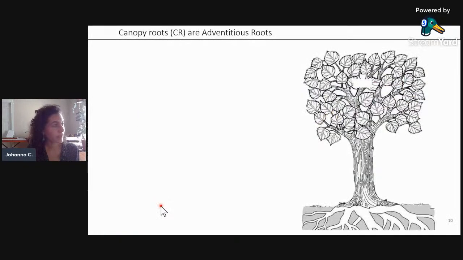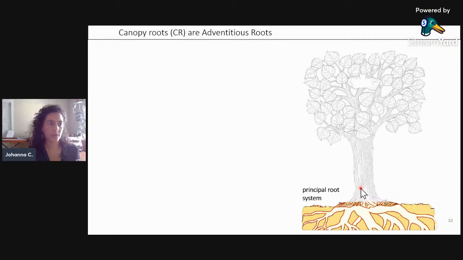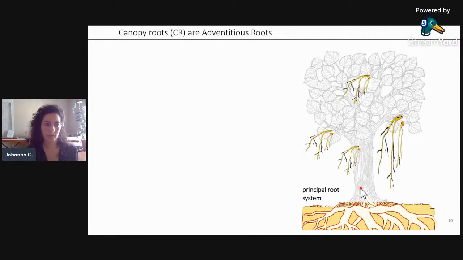So now we know these canopy roots are also adventitious roots. We are very familiar with the principal root system, but adventitious roots are all those types of roots that grow in different and abnormal places in the tree. It could be on the trunks or the leaves or on the branches.